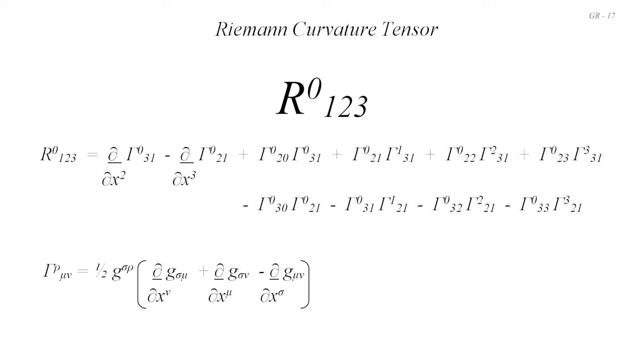Do the differentiation where needed, substitute for the known values of the metric tensor at the point or event, and for its various derivatives and second derivatives, and you will end up with a number for R^0_123, a simple scalar number, just one of the 256 entries in the Riemann curvature tensor.